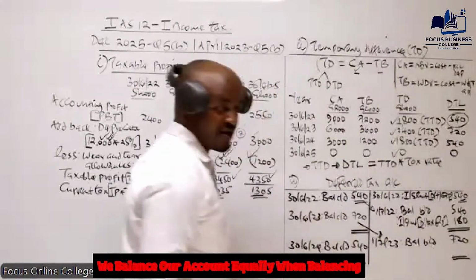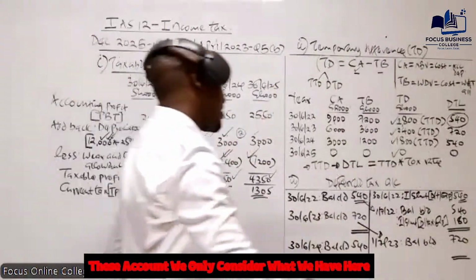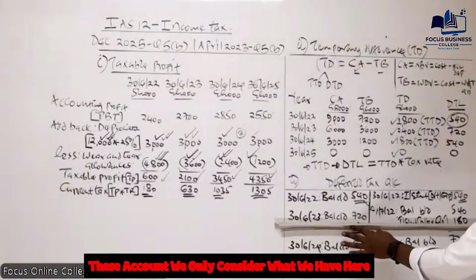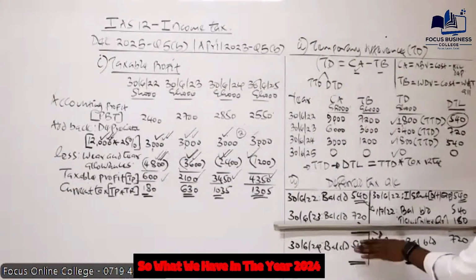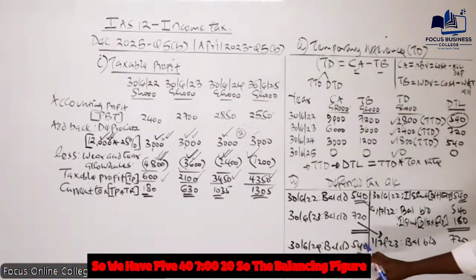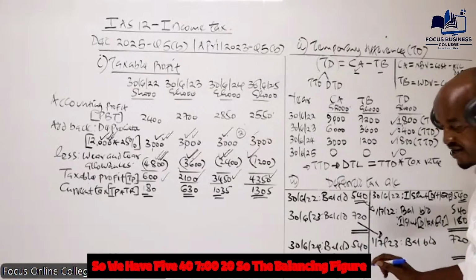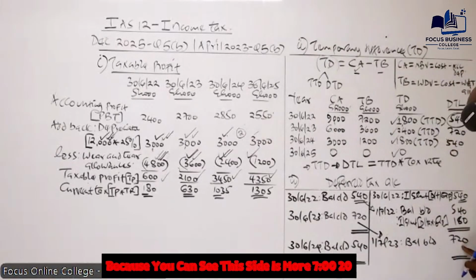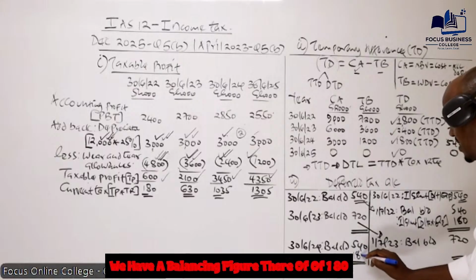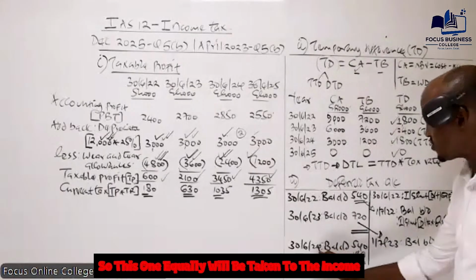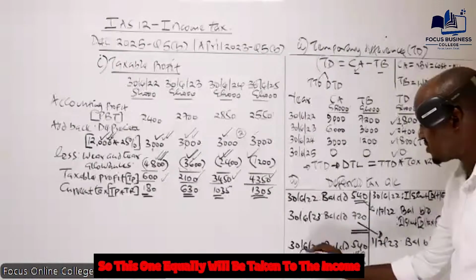And we balance our account. Equally, when balancing this account, we only consider what we have in the year 2024. So we have 540, 720. The balancing figure will be on this side, because you can see this side is more, 720. We have a balancing figure there of 180. So this one equally will be taken to the income statement.